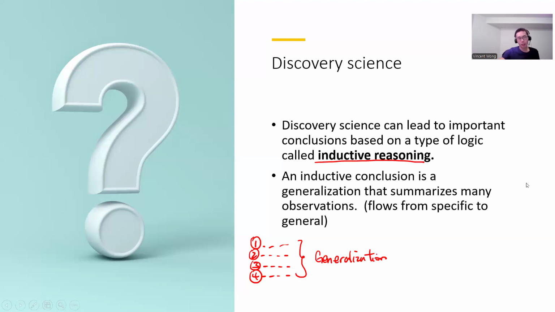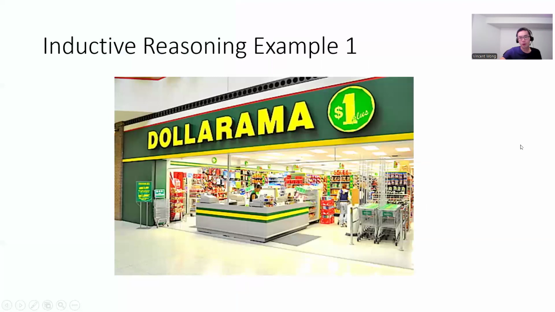Let me give you a few examples to help you understand this. So back to school, right? Today, if you're a parent, congratulations. You're probably as happy as I am that your kids are back to school. So I took them to shop for some stationeries at Dollarama, and my younger daughter wanted to get this eraser thing, and she asked me, "Hey, there's no price on it.